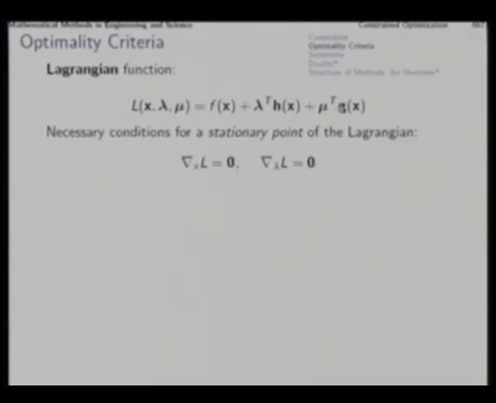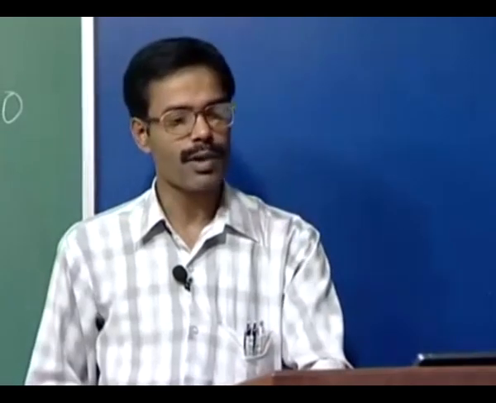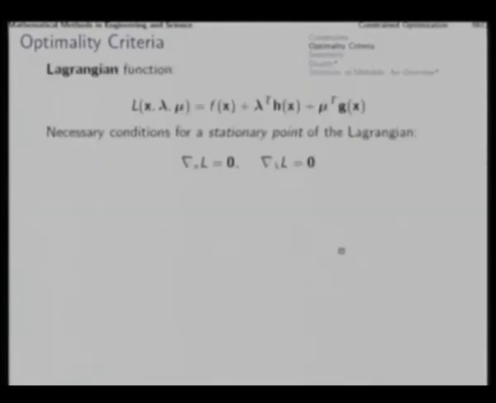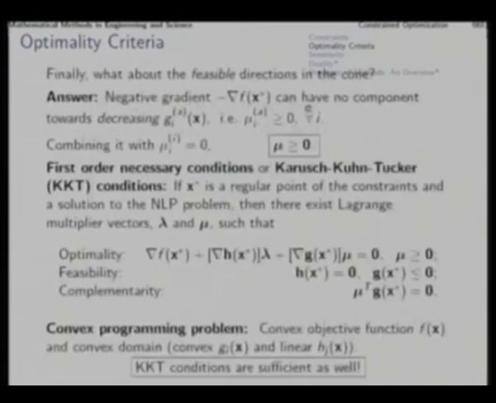Okay. So, you will find that the first order optimality condition that we worked out, this equal to 0, is essentially the gradient of this with respect to x. You see gradient of f plus grad h lambda plus grad g mu, that is what we had here.